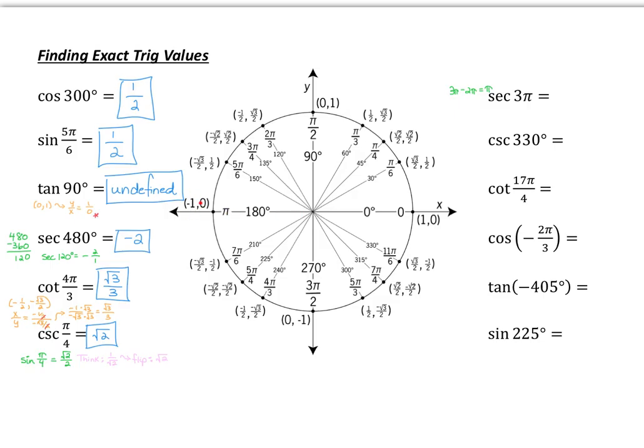Secant is the reciprocal of cosine. So I'm going to start with cosine of 3 pi is negative 1. So cos of 3 pi equals negative 1. And then I want to flip that or write 1 over it. So secant is 1 over cosine. So 1 over negative 1 just equals negative 1.